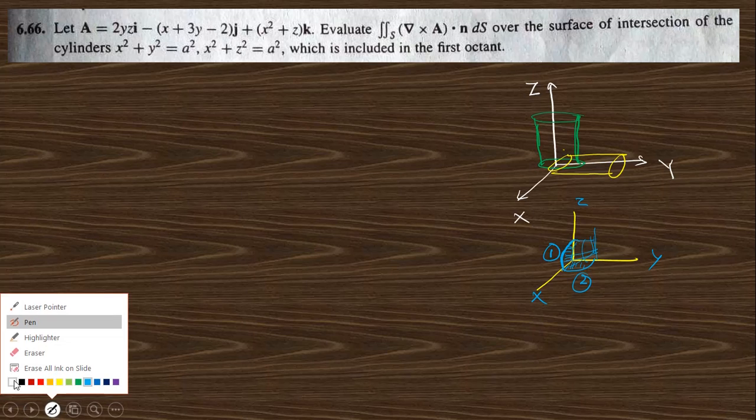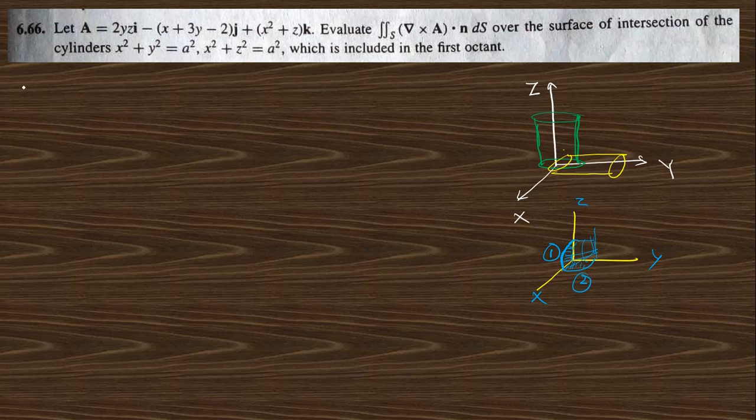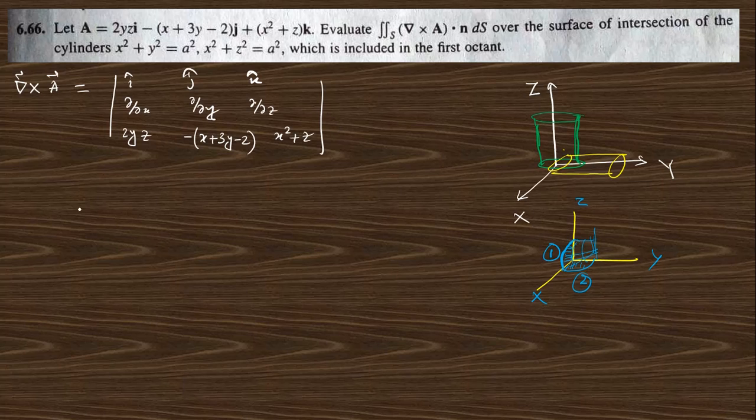So at first we need to calculate the curl of A. What is the value of curl of A? It is the determinant of i cap, j cap, k cap; del del x, del del y, del del z; and the vector coefficients 2yz, minus x plus 3y minus 2, and x square plus z. So i cap: del del y of this is 0, del del z of this is also 0.